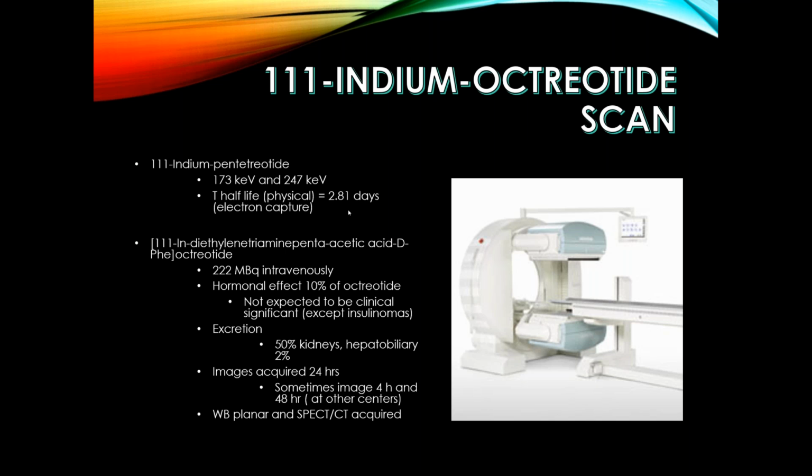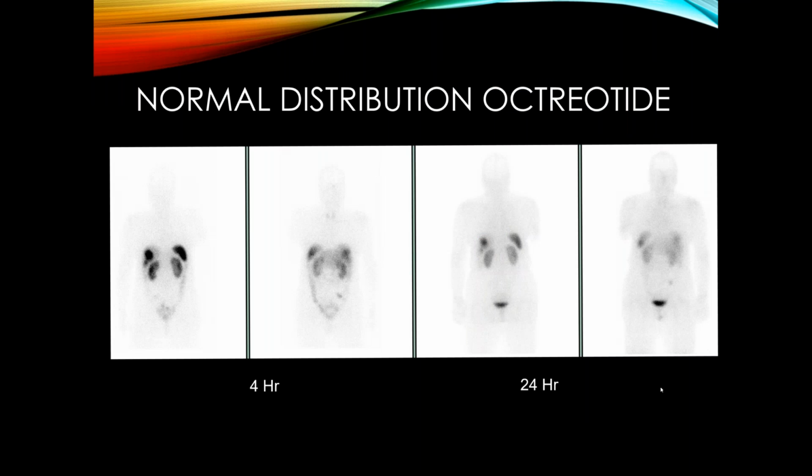There is a radioactive dose to the patient, and we inject it, and we have to do 4-hour and 24-hour imaging. Now, some centers just do 24-hour imaging, but basically the patient has to make at least 2 trips to the hospital, injection and then imaging at least at 24. Some people even do 48-hour imaging. So it's not that convenient to the patient.